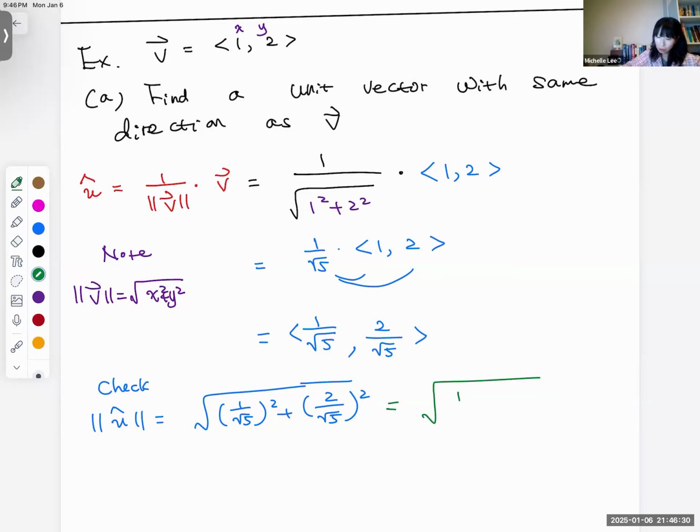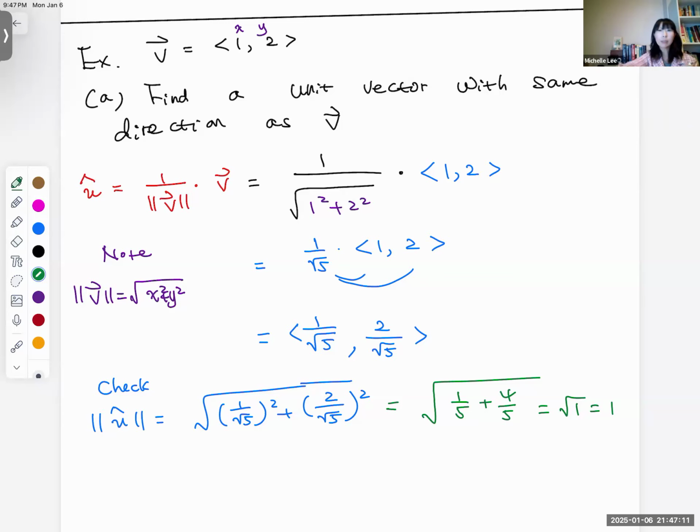So 1 over 5 plus 4 over 5, 5 over 5, which is 1, right? Yeah, the magnitude is 1. And which direction? The same direction as vector v, right? So vector v goes in this direction, and u hat also goes in this direction, the same direction as vector v. Make sense? Okay.